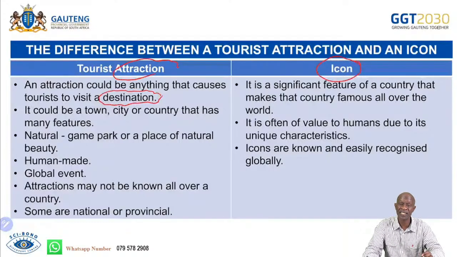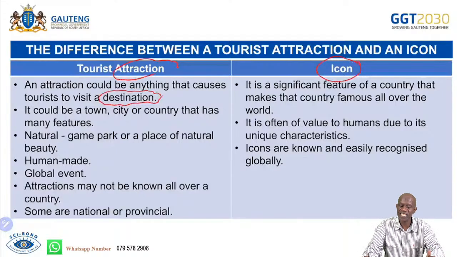So I was just trying to distinguish between a destination and an attraction for you, so that you go through this topic with an open mind and understanding. So an attraction could be anything that causes or attracts tourists to visit a destination. That is number one by definition.